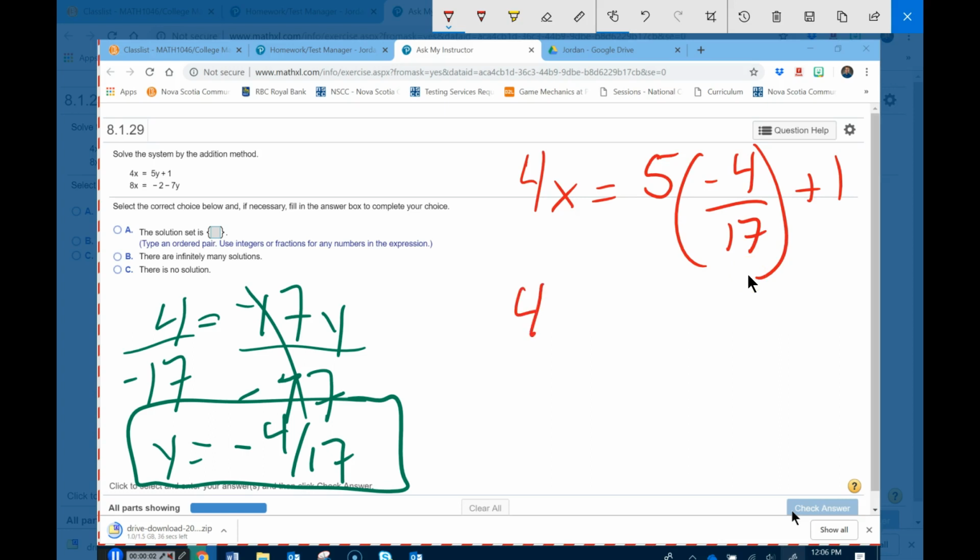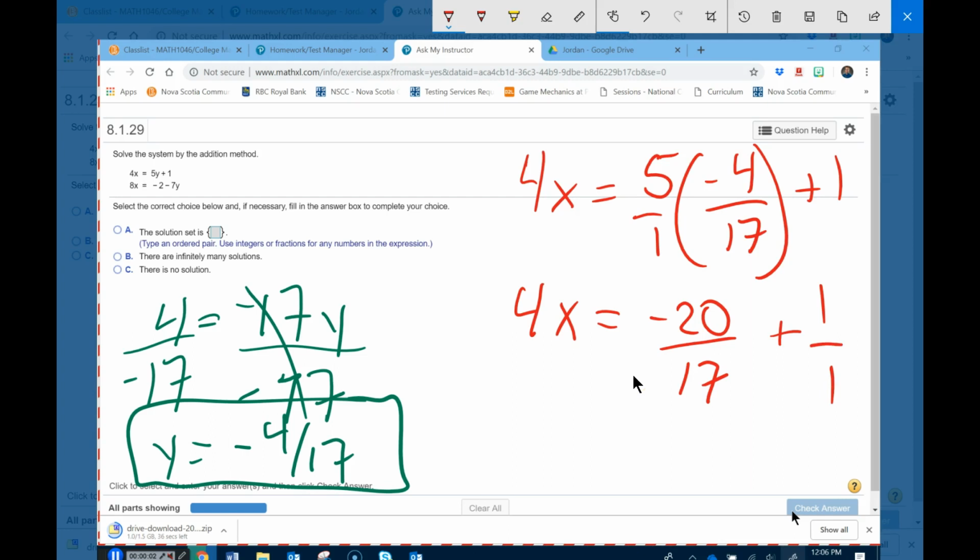So, the question I suspect you're having is, what do we do now with all this fractiony stuff? Well, remember, this is like 5 over 1. And when we multiply fractions, we multiply the top and the bottom. So really, this is 5 times negative 4, which is negative 20 over 17. Okay? Plus 1. Now, when we add fractions, remember we have to have common denominators.